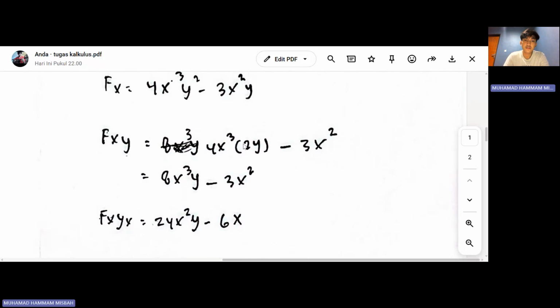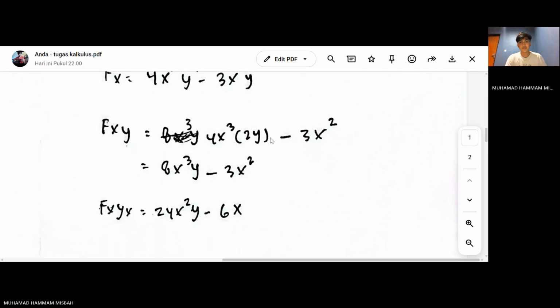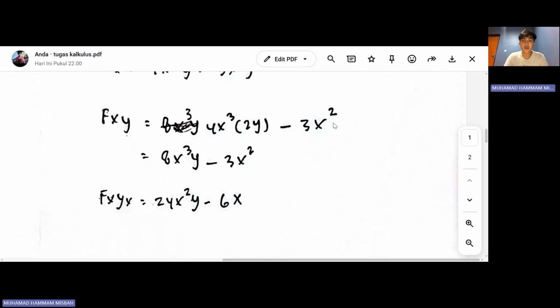We just differentiate for y, and y squared becomes 2y, because y to the power of 2 times 1 becomes 2y, and y to the power of 2 minus 1 becomes 1. So 2y minus 3x squared.